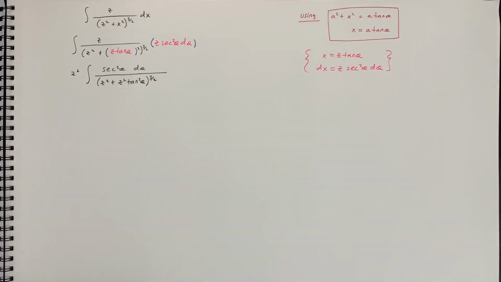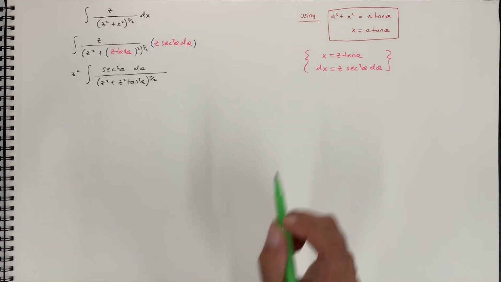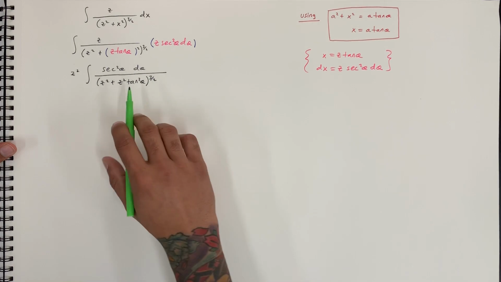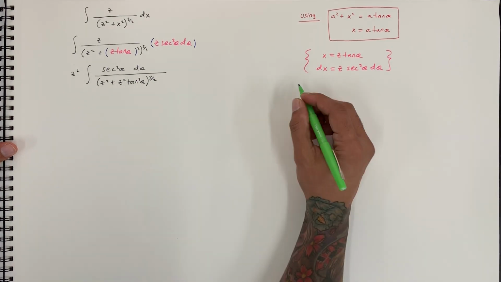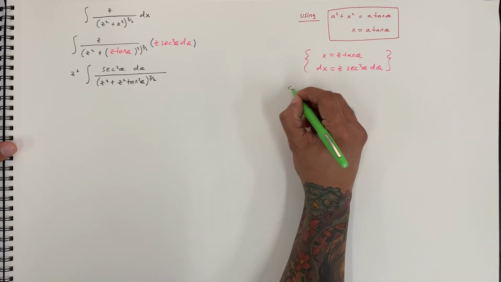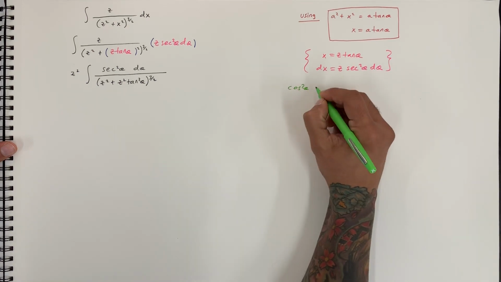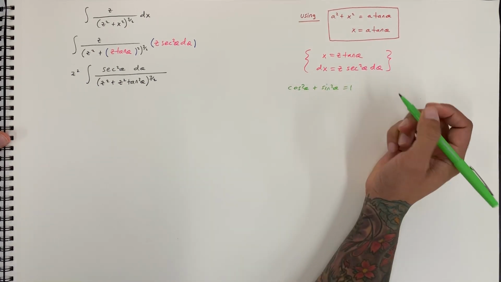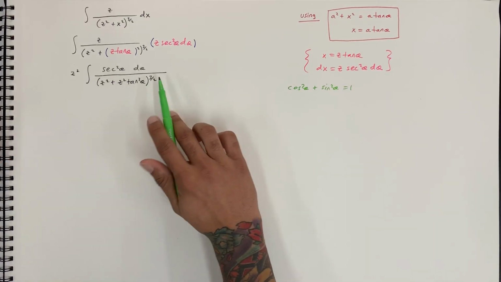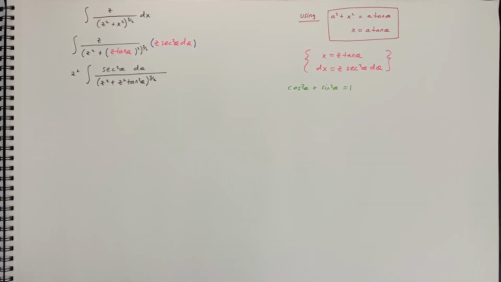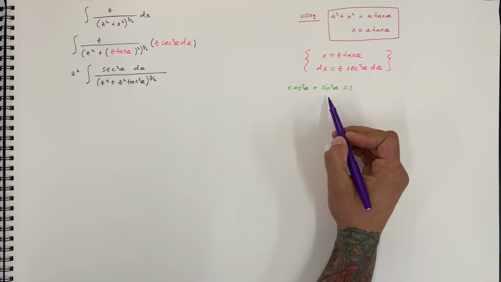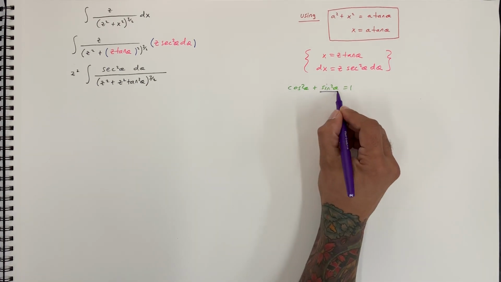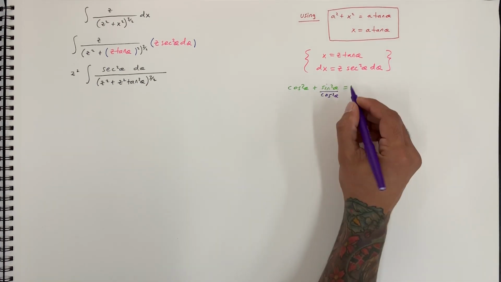It's going to be a little tricky, but we can get through this. So let's find an identity first, and we can always use the identity we know: cosine squared plus sine squared equals 1. We're looking for a tangent, and sine over cosine is tangent. So let's divide everything here by cosine squared theta.